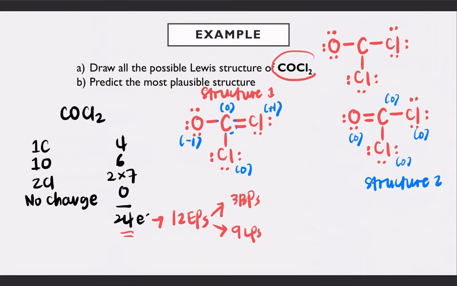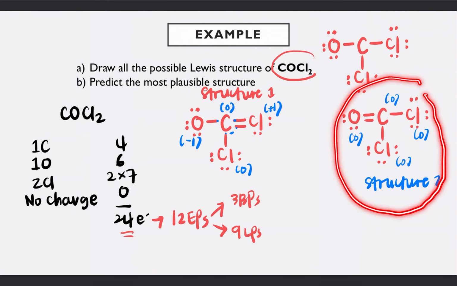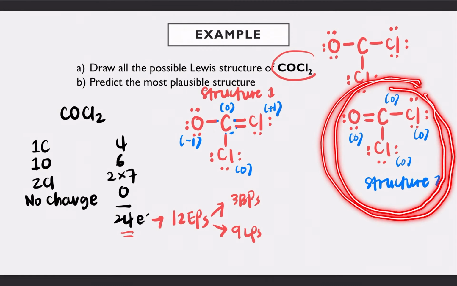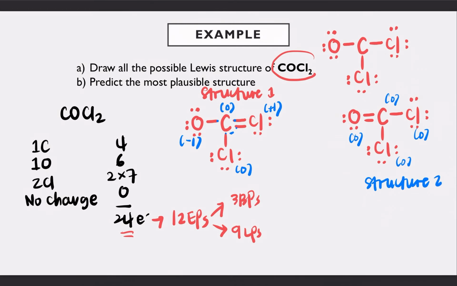Okay, so that is how you predict the most plausible structure. So maksudnya inilah structure yang terbaik untuk Lewis structure awak. Okay, so this is the Lewis structure that you will use.